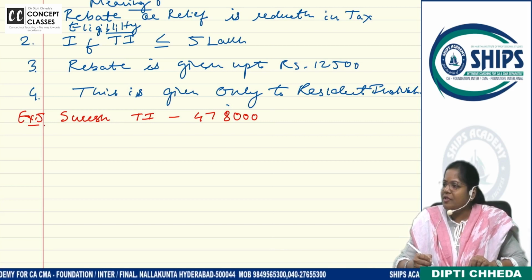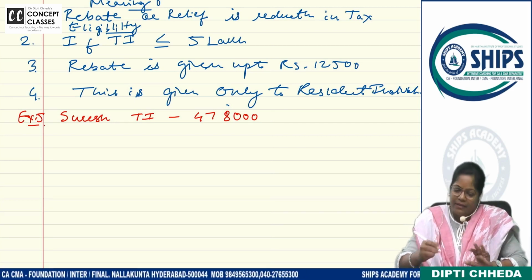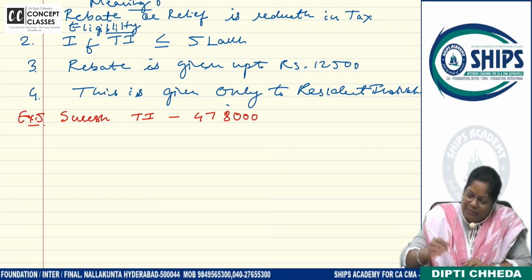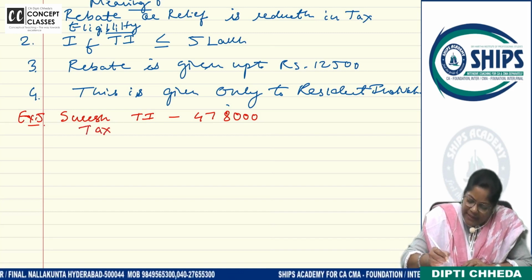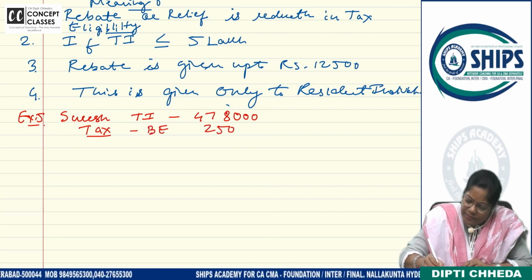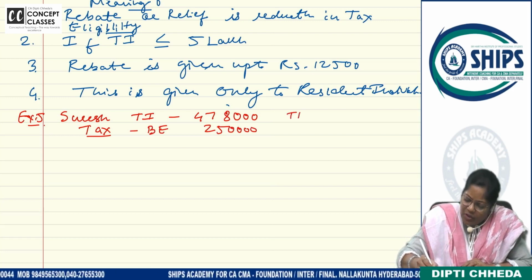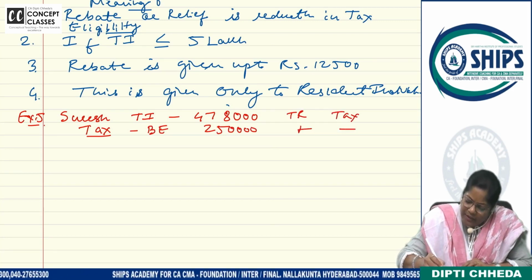So what will we assume? Done. So Suresh's income is 4,78,000. Let us calculate the tax on this. What will be the basic exemption? 2,50,000. Tax rate and tax both are nil.